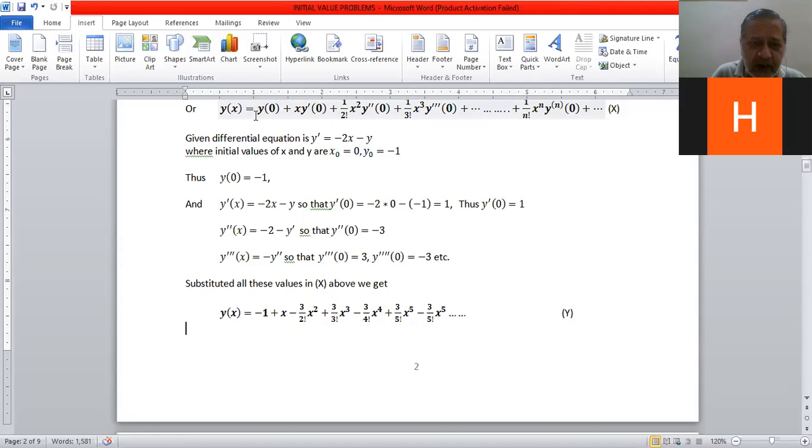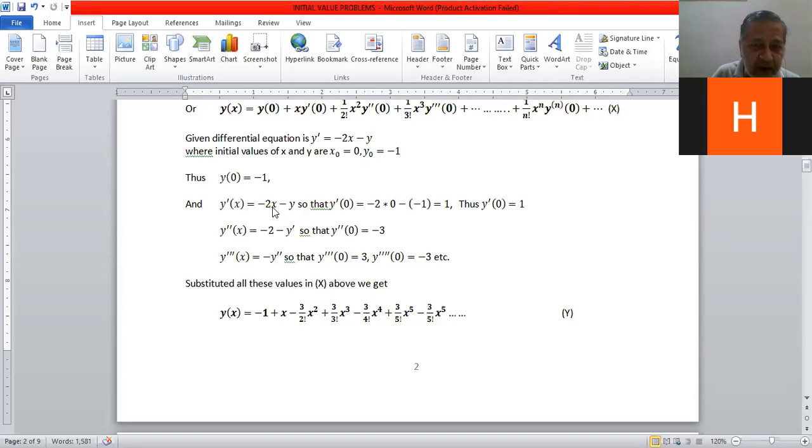So first of all, we look at what happens at x is equal to 0. At x is equal to 0, y is given to be minus 1. So y at 0 is minus 1. Then y prime in the problem is given to be minus 2x minus y. So what values of x and y do we have available? x is equal to 0, y is equal to minus 1. If we put x equal to 0, y equal to minus 1 in this, the value of y prime at 0 comes out to be 1. Then we take the derivative of y prime, which is minus 2x minus y.